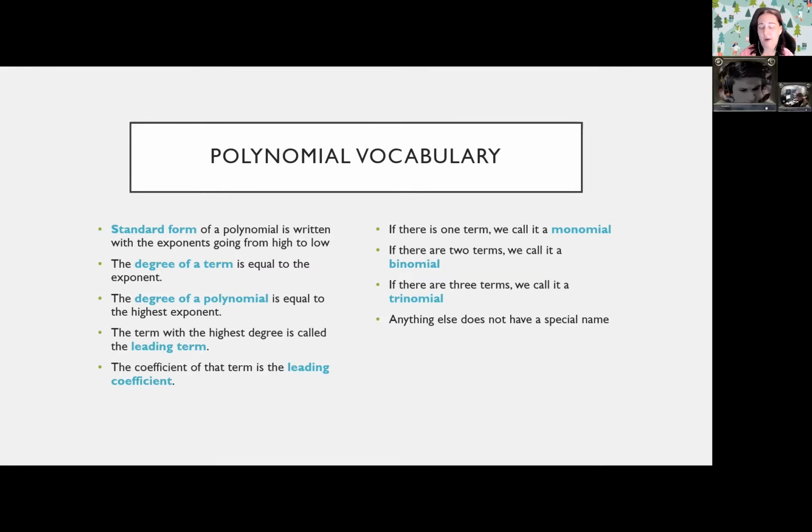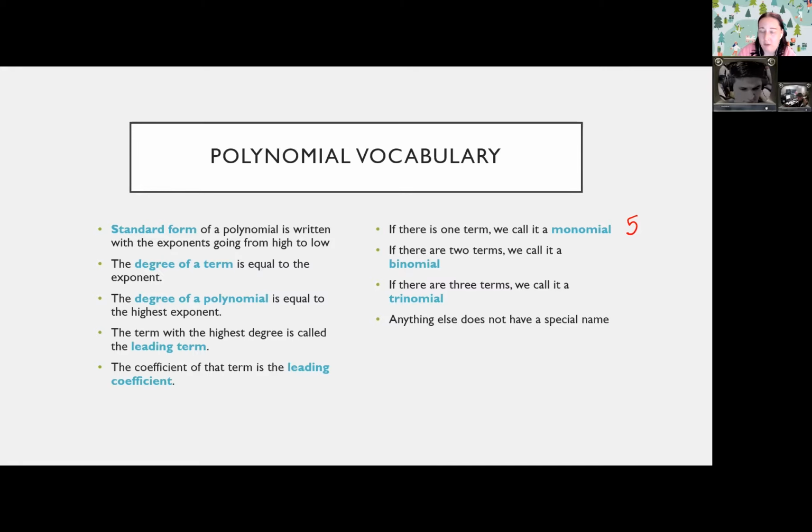And then we do have special names for certain types of polynomials, the ones that we see most often. So if there is only one term, it is a monomial. So technically, if you just see the number 5, that is a monomial. It follows our definition of a polynomial, even though it doesn't have a variable.